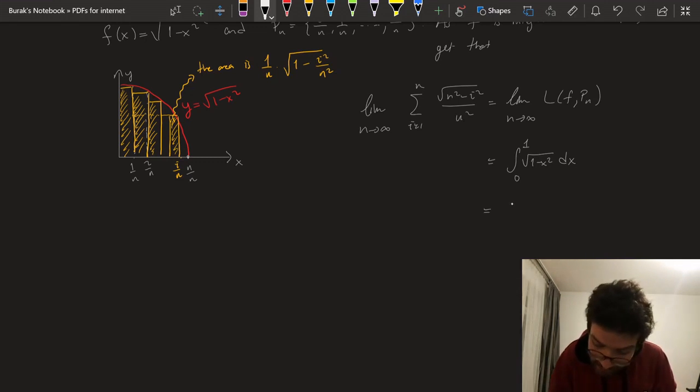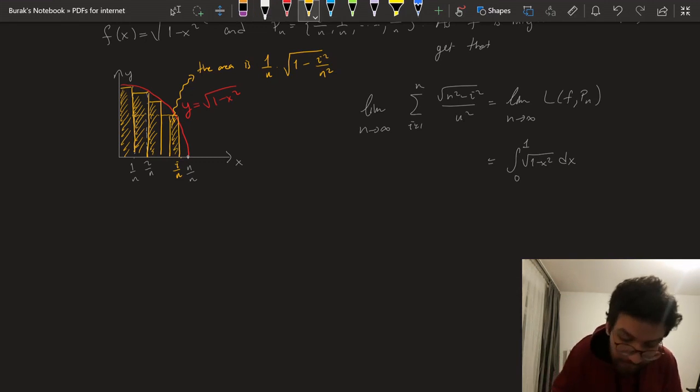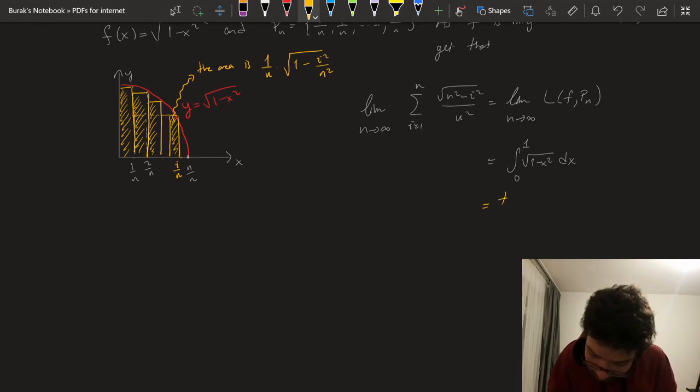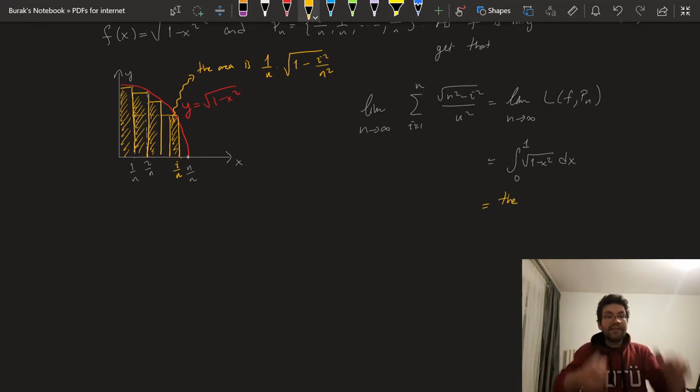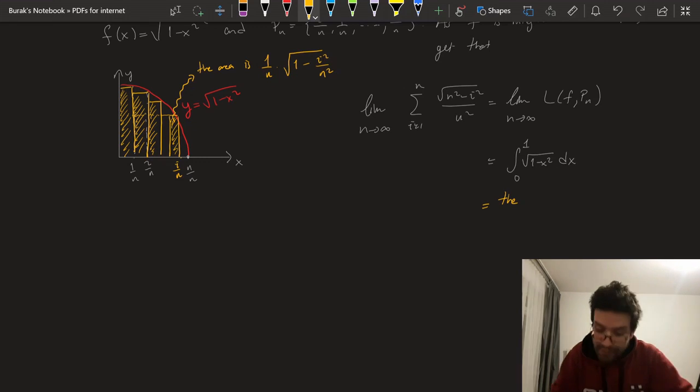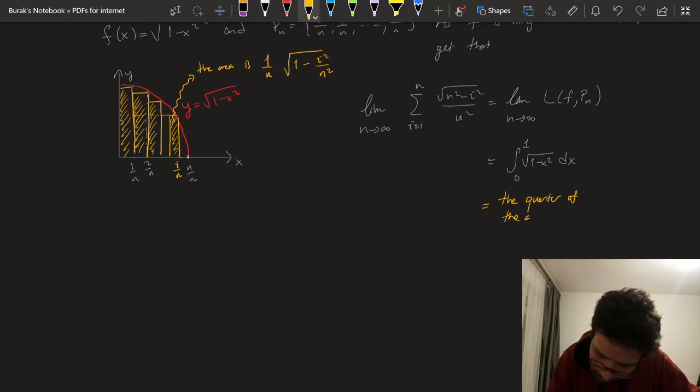Remember the geometric interpretation: it's supposed to be the signed area of the region under this curve, so this is equal to a quarter of the area of the unit disk.